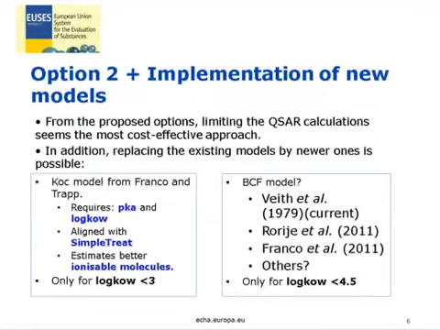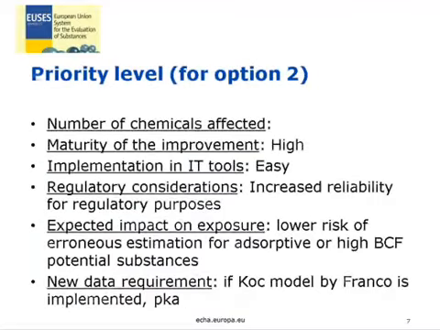So the KOC model from Franco and Trapp as an example, and for the BCF models, there are also certain authors available. But again, this is only relevant for substances with a log KOW below 3, and when it comes to the BCF models, substances with log KOW below 4.5.